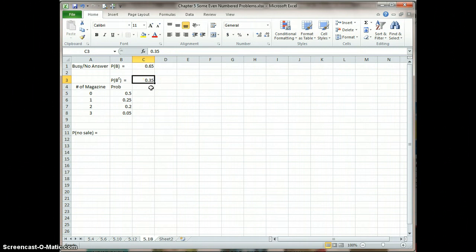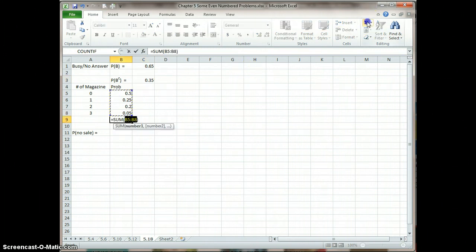But when that happens, when they answer the phone, we've got additional probabilities given that the telemarketer does make contact, probabilities of selling 0, 1, 2, or 3 magazines. And I'm just going to use AutoSum here to show you that that equals 1. So those are the only options available.